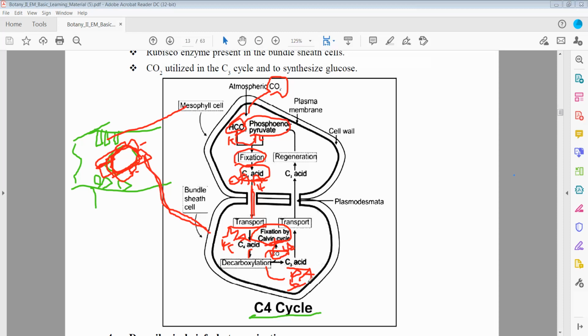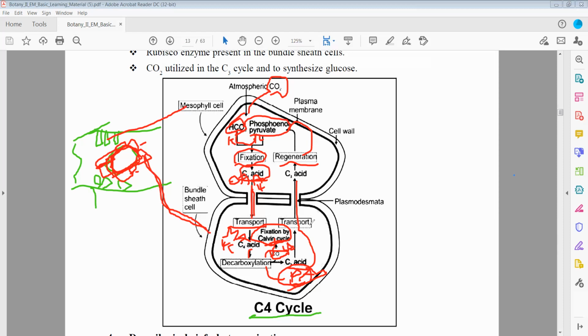Now the pyruvic acid, a 3 carbon compound, is transported to the mesophyll cell, where it is regenerated into phosphoenol pyruvate, a 3-carbon compound. Again, it fixes the next CO2. In this way, this cycle continues. Hence, it is called the C4 cycle.